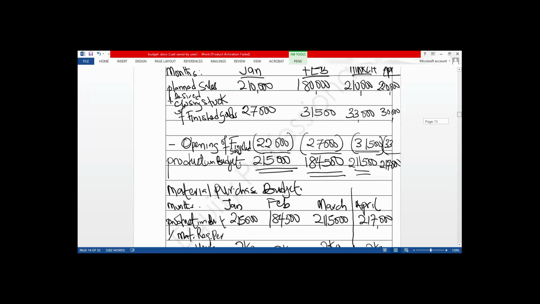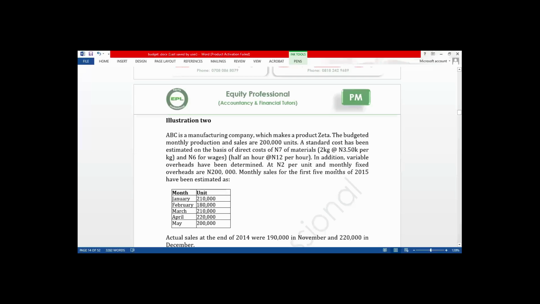Look at paragraph 1. Monthly fixed overhead are 200,000 naira. Please note that. Next.